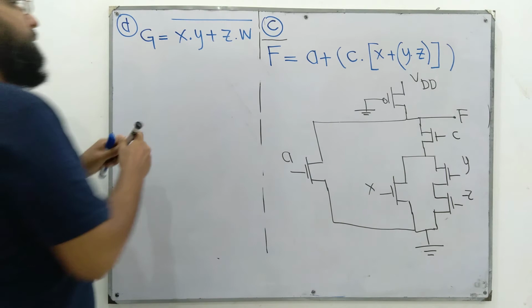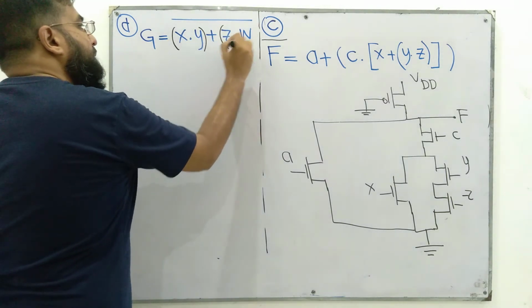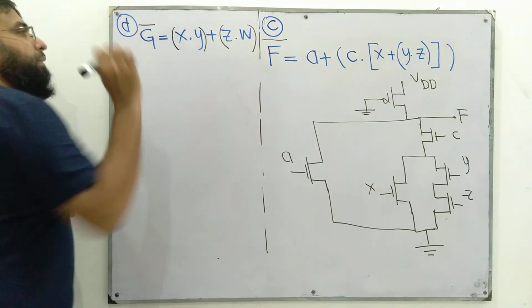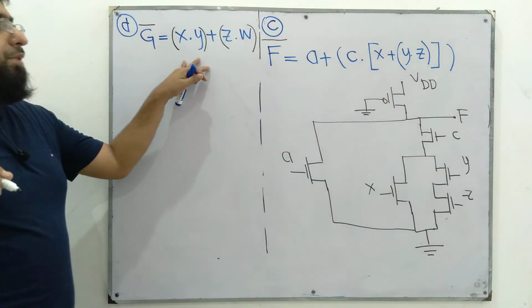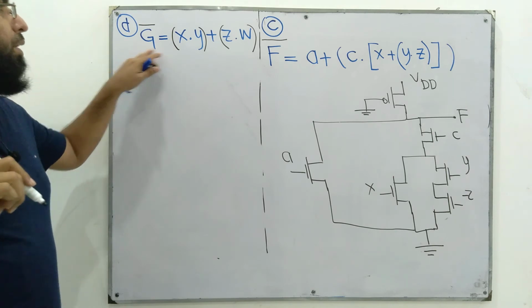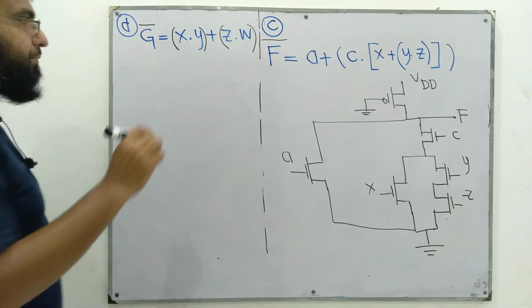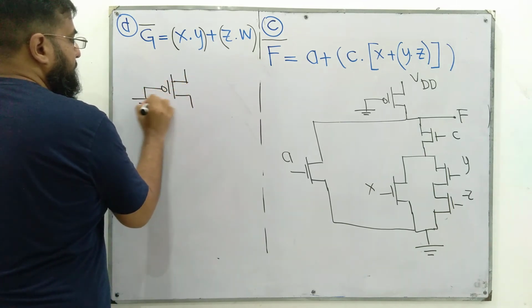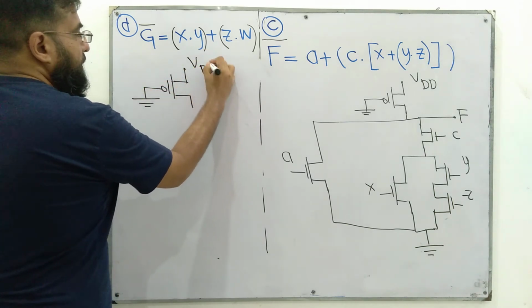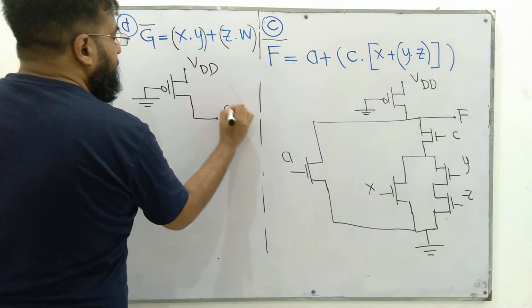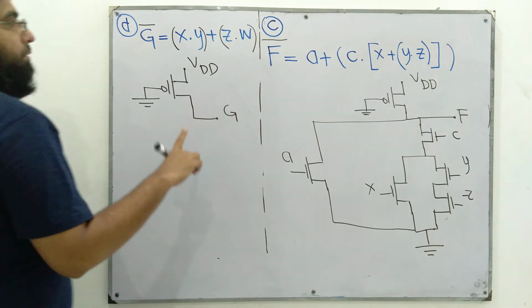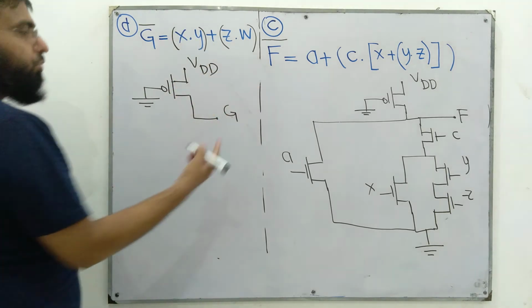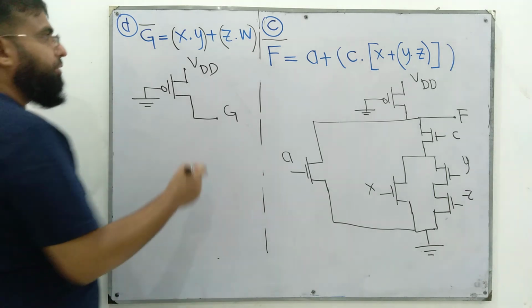So we know the precedence of AND is more than the precedence of OR, and we have to use the complement of this expression to implement the nMOS array. So the PMOS array is as such composed of a single PMOS transistor, always on, and then we have to implement X dot Y, Z dot W, and then we have to add these two, means apply OR operation.